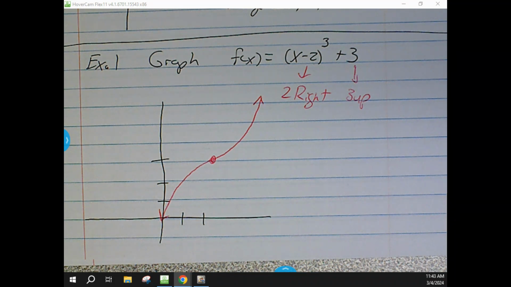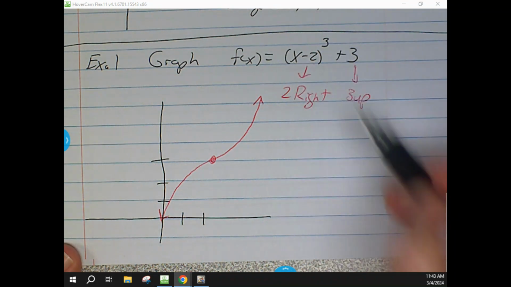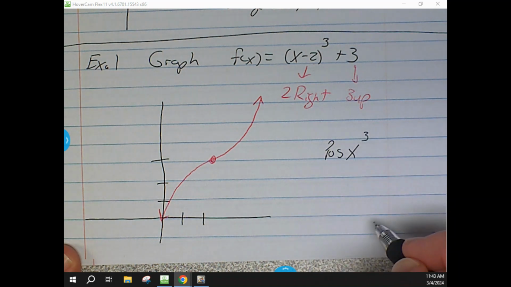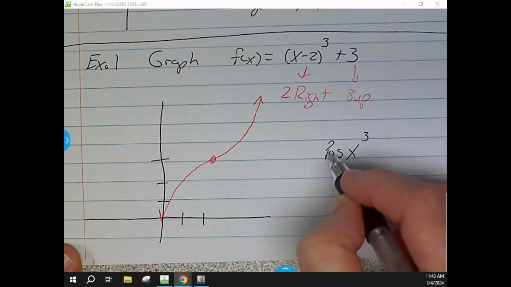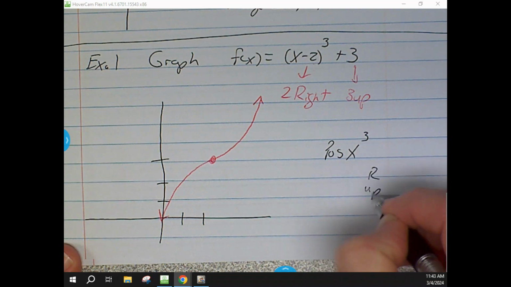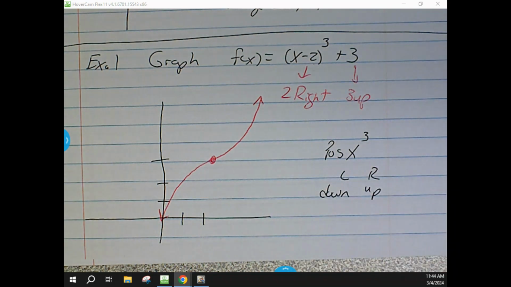Now in some of these, it may even ask for the end behavior. So if you're doing one of these and it's a positive x to the third, that's where we go back to our chart. You should know that the right side would be up and the left side would be down. So they may bring some of that end behavior in there first.